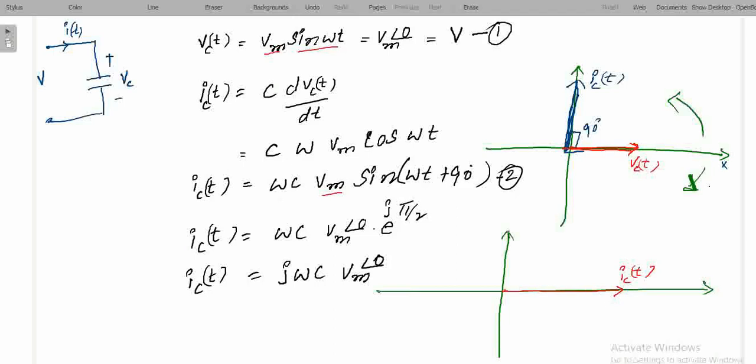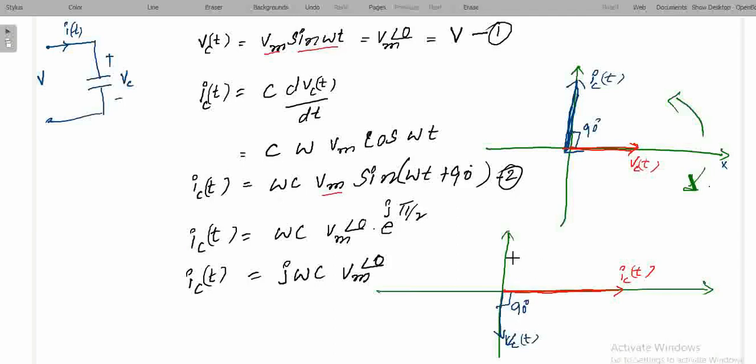If I consider IC of t on the x-axis, this VC should always be in the lagging position. It means that this should be in this direction. So VC of t with an angle of 90 degrees. This thing we are going to see in the next class.